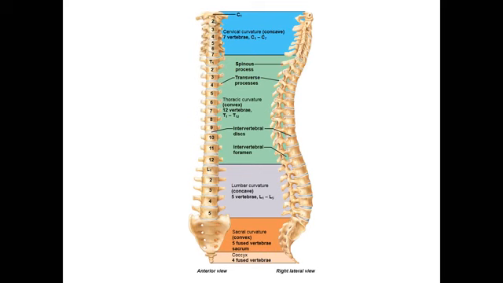Whereas the axis, a specifically shaped vertebra, has what's called the dens, so it's got that little thing poking up where the atlas rests on, and the atlas can actually rotate on the dens, and that enables you to shake your head.